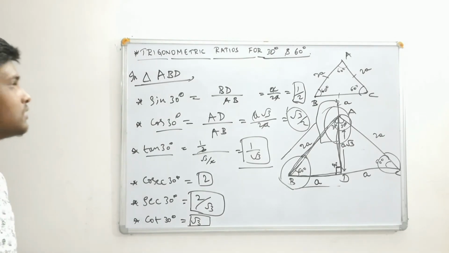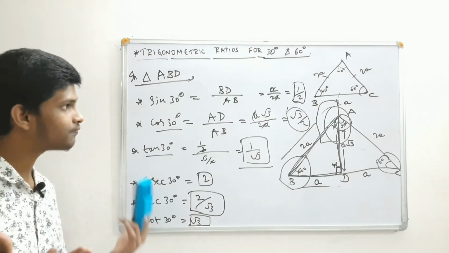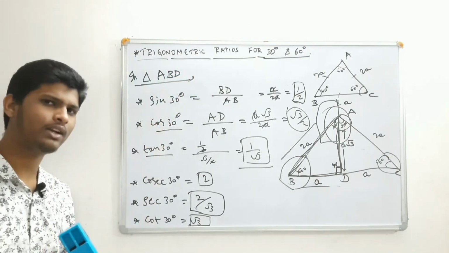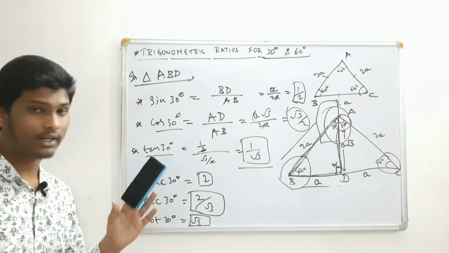Okay, so these are the values of trigonometric ratios for all the angles. I think we derived for 0 degree, 90 degree, 45 degree, 30 degree and 60 degree.